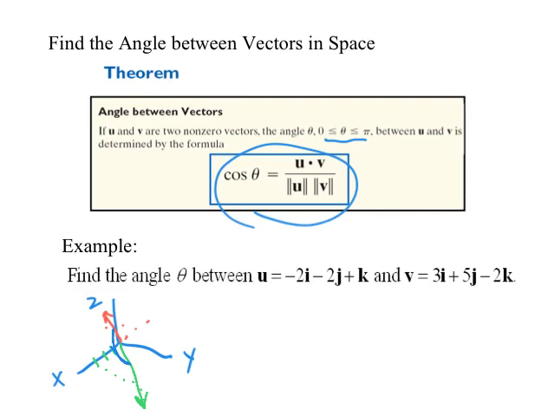All right, let's go through the work. So the cosine of theta equals their dot product, which in this case is -18. You get -6 minus 10 minus 2, and then divided by the product of their magnitudes. So the magnitude of u is 4 plus 4 plus 1 square rooted, which is 3.